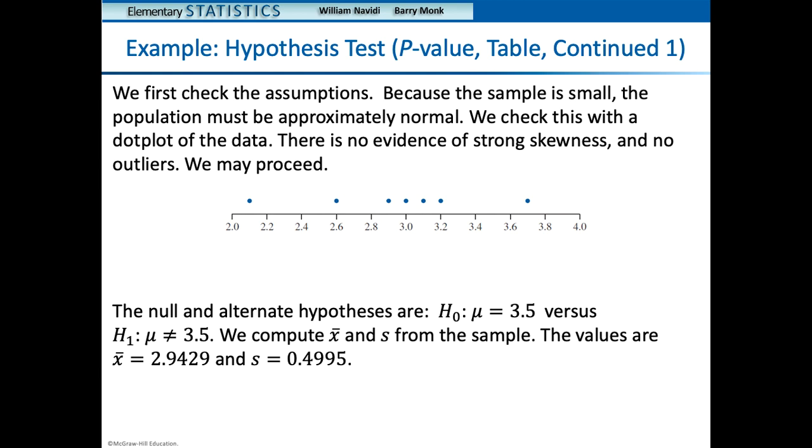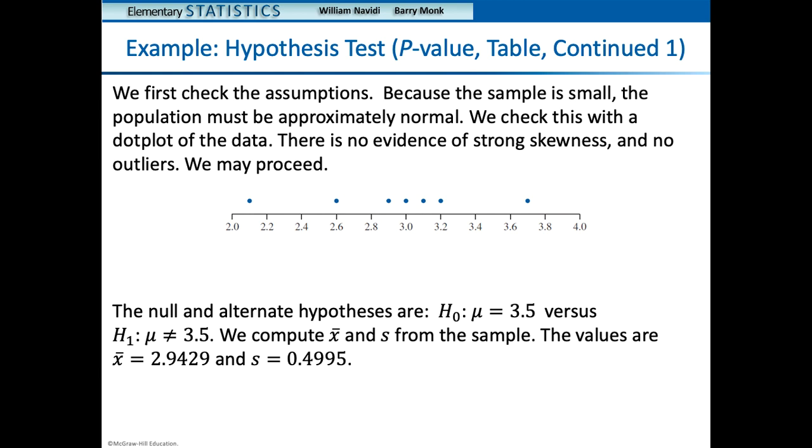In the problem, the only data that's given is the raw data, the 7 numbers, right? So in order to compute the test statistic t, we have to have a sample mean and a sample standard deviation. Both of those numbers can be computed from the sample data.